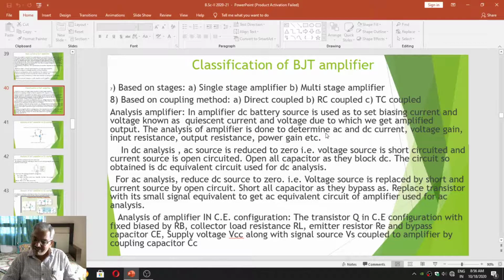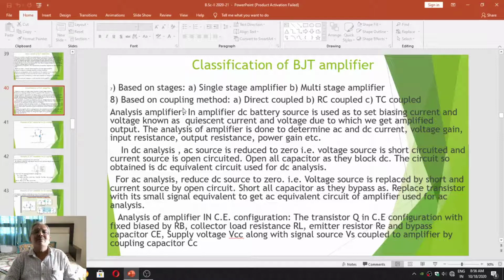And the second one is the AC analysis. AC analysis is a type of analysis in which the DC supply is disconnected, whereas only the input signal to be amplified is kept. By using this concept, we are going to perform the analysis of both the DC as well as AC aspects.